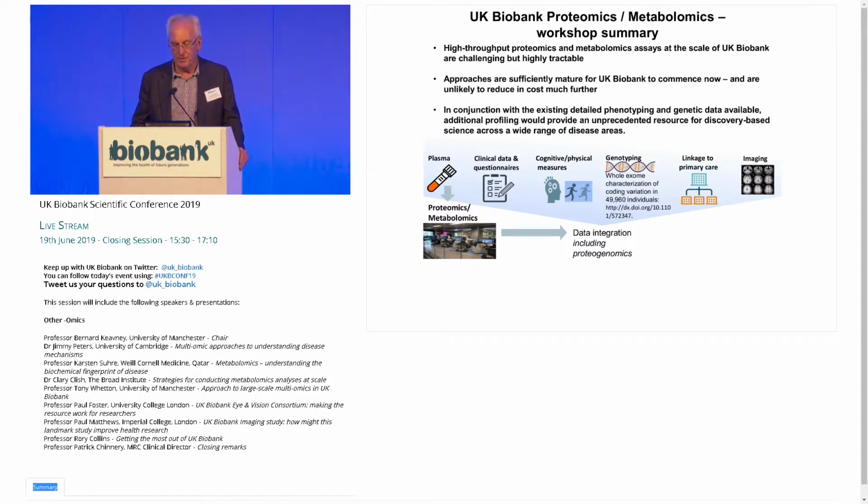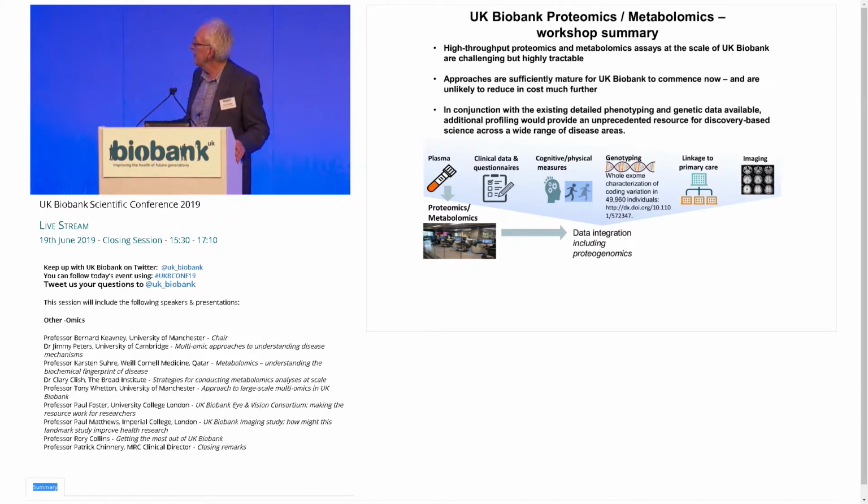So you've heard in the previous talks about metabolomics, and we can say without a shadow of a doubt, given the presentations from the two previous speakers, that we do have a mature platform with the ability to undertake hundreds of thousands of samples in respect of assay size. But the important thing is the conjunction of existing detailed phenotyping and genetic data with the plasma-derived proteomic and metabolomic data.